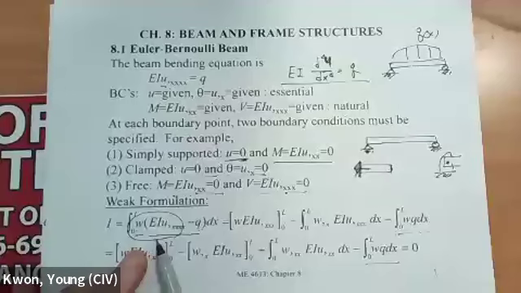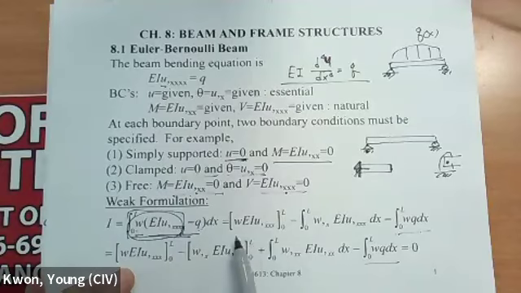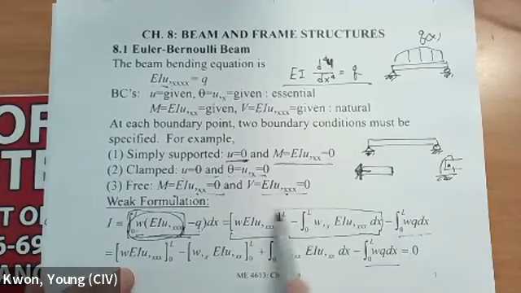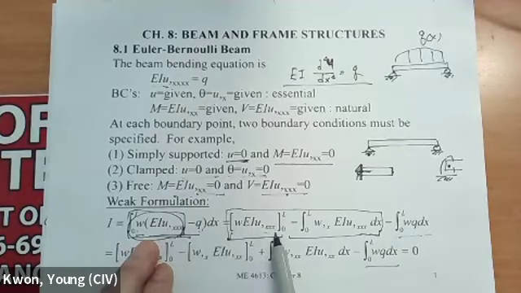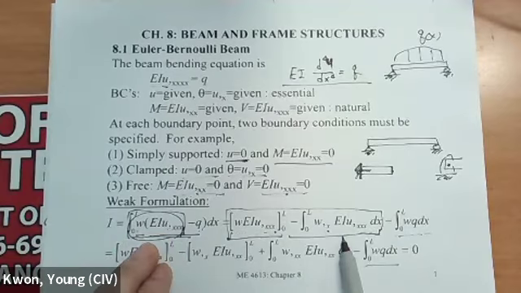But this one, we have to apply integration by parts. Then you get this. So W E I now, the fourth derivative of U becomes the third derivative, and W becomes the first order derivative. That's integration by parts. Does anybody have a problem seeing that? Then let me know.